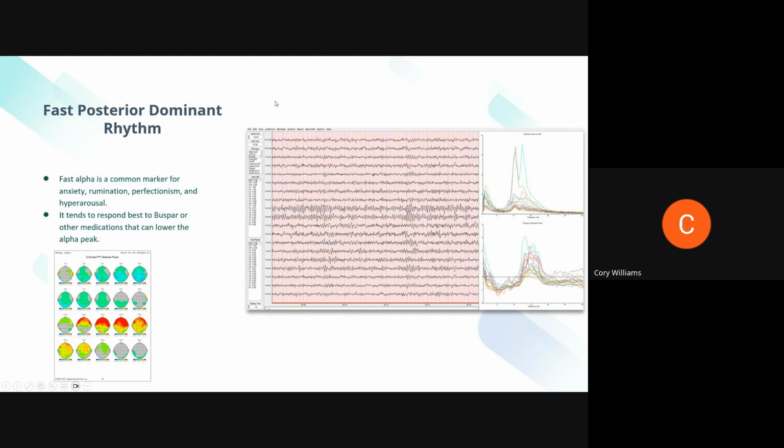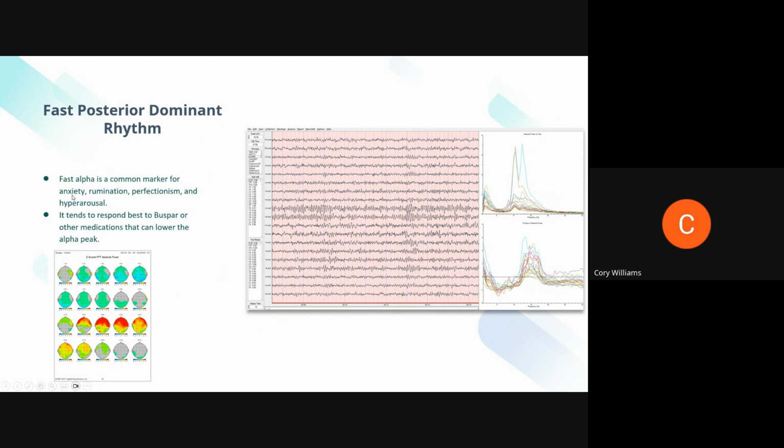So here we have someone with fast alpha, right? And if we look over here in the spectral, we've got an alpha peak around 10.5 hertz, which is already fast, and a separate alpha peak around 13 or 14 hertz, which is quite fast. This is an example of someone whose baseline processing speed is just too high. They're going too fast all the time.